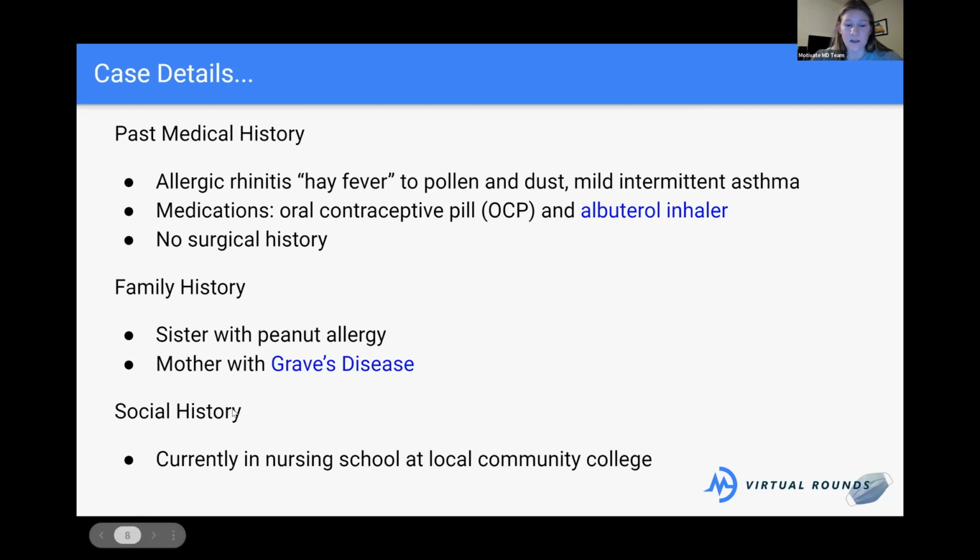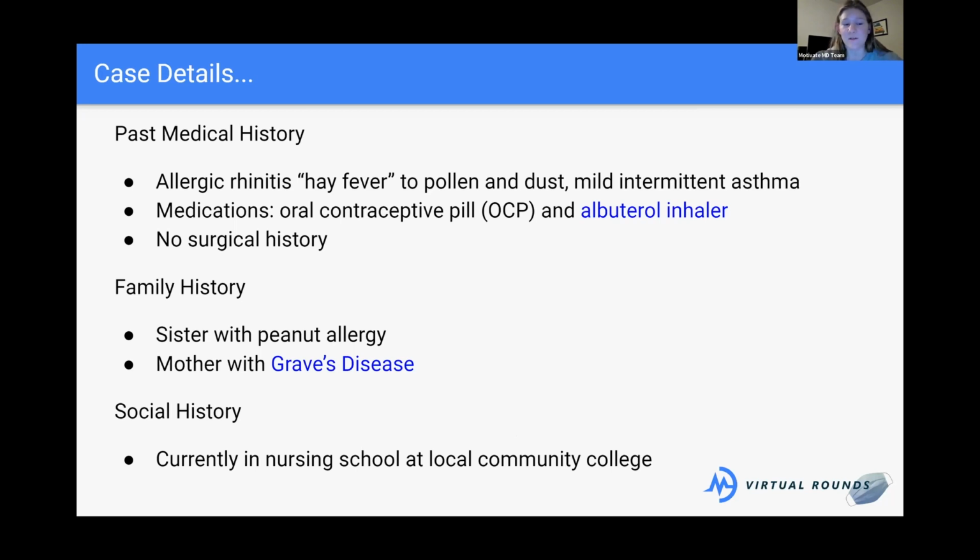For social history, our patient is currently in nursing school at a local community college. It's always nice to have some background on your patient to both help you build rapport with them and remind yourself that they're also a real person with life events and goals, especially in primary care, to have in their chart as a conversation starter for subsequent visits.